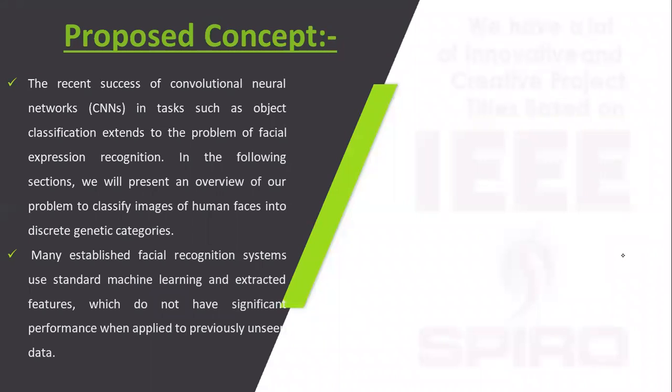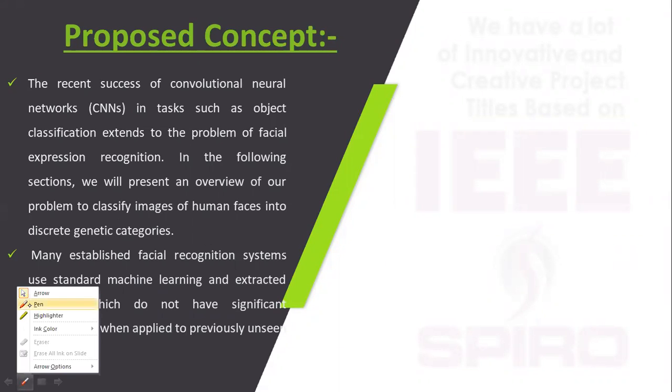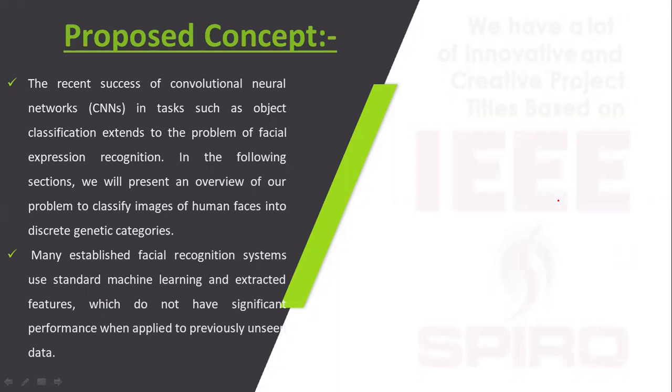So in the proposed system, we are going to collect the data set of the genetic disorder, that is, the different images of the disorders, and we are going to train the model using the CNN, that is, the convolution neural network. Once training is completed, we are going to deploy our model in the GUI where our model is deployed.